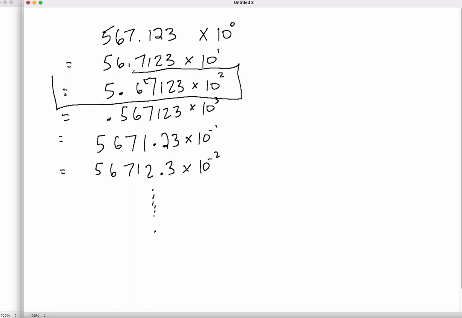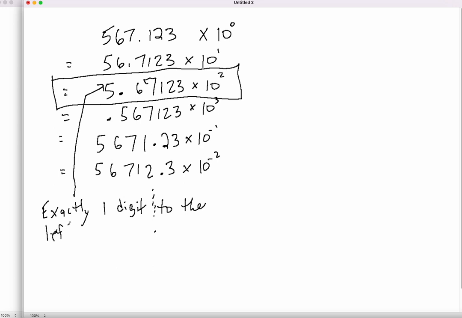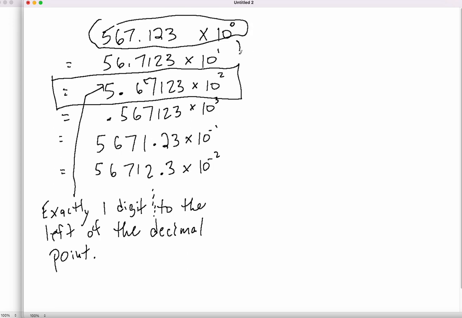The reason we pick this one is there is exactly one digit to the left of the decimal point. And in starting off with this and getting it into this form over here, we're going to call that normalizing.